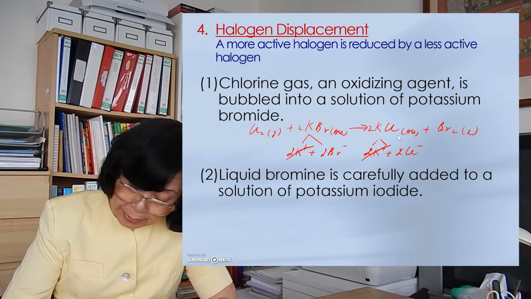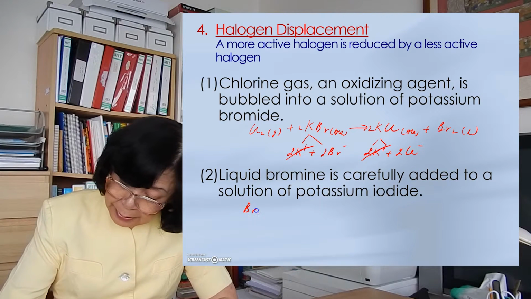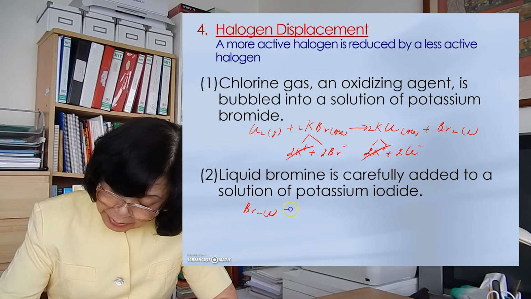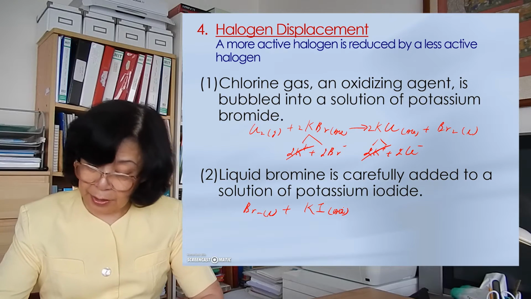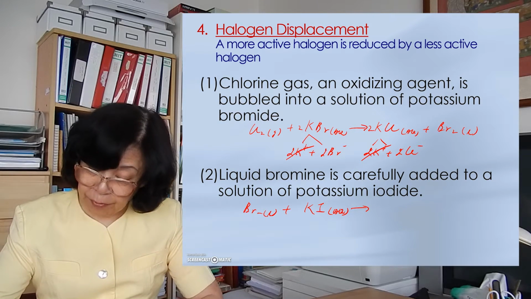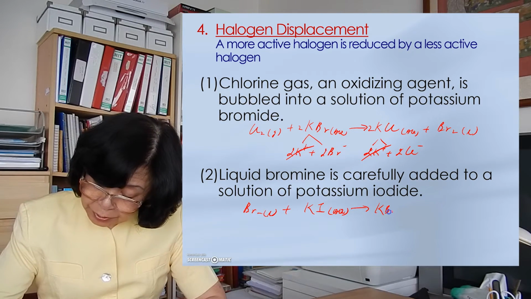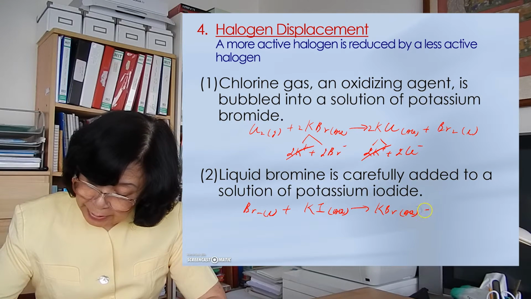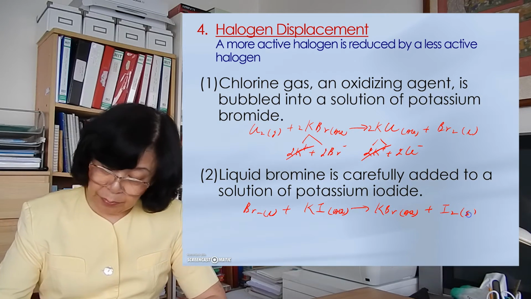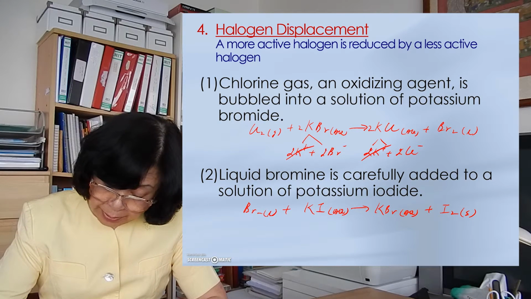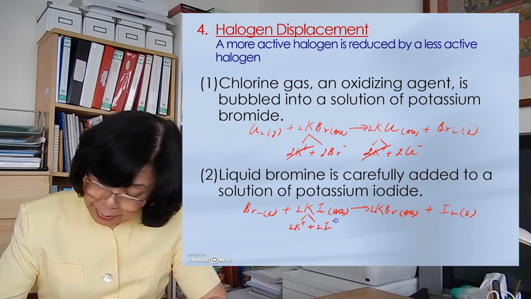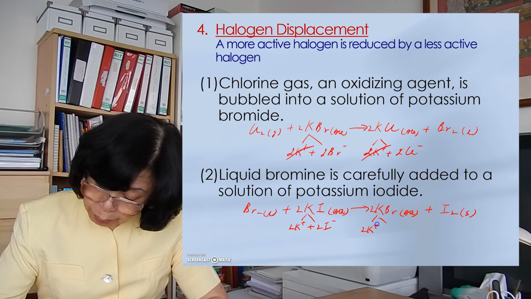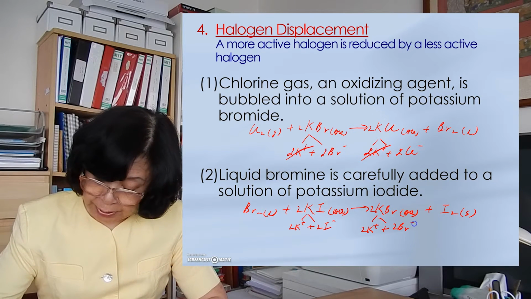And liquid bromine, the reddish brown liquid, carefully added to solution of potassium iodide. Because bromine is more reactive than iodine, it's going to displace it out to form potassium bromide solution, and forming the iodine, the silvery purple solid, and you balance with a 2 here, and you dissociate into 2K+ ion and 2I- ion, and 2K+ ion and 2 bromide ion, cancel your potassium ion.